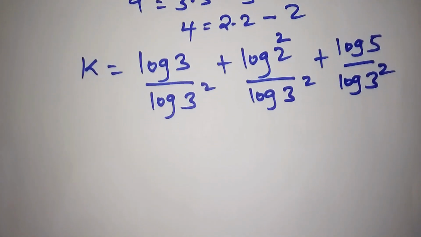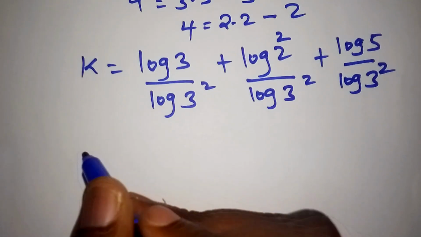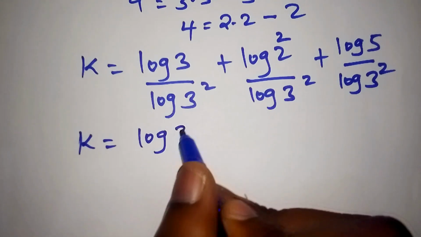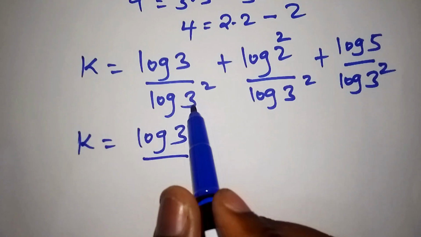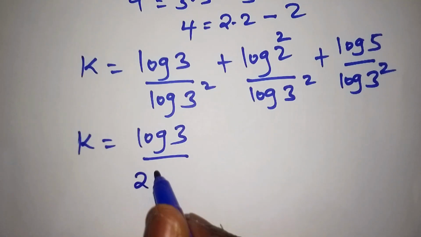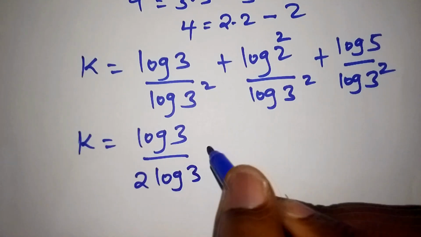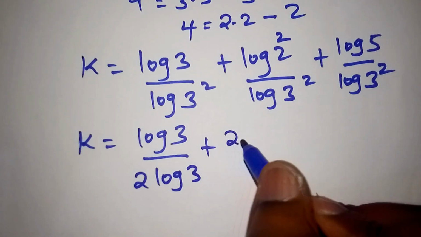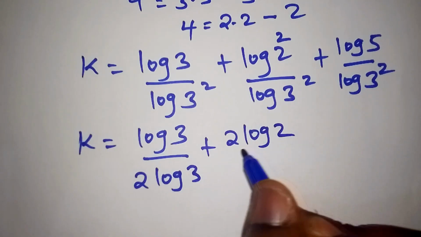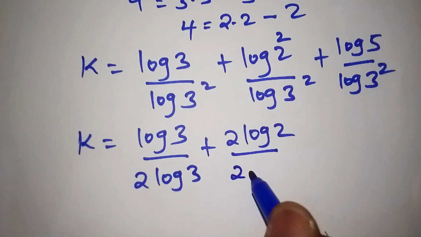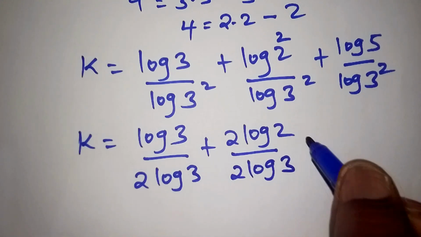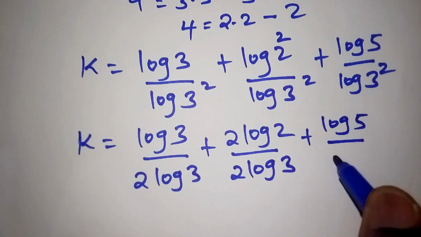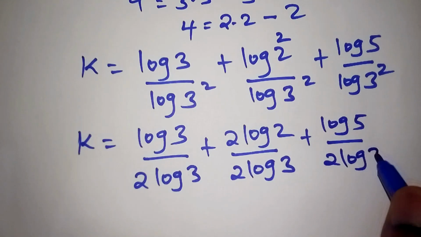Next, our value for k is equal to the log of 3 all over the log of 3 to the power of 2, which can be written as 2 log 3, plus the log of 2 to the power of 2, which is 2 log 2, all over 2 log 3, plus log 5 all over 2 log 3.